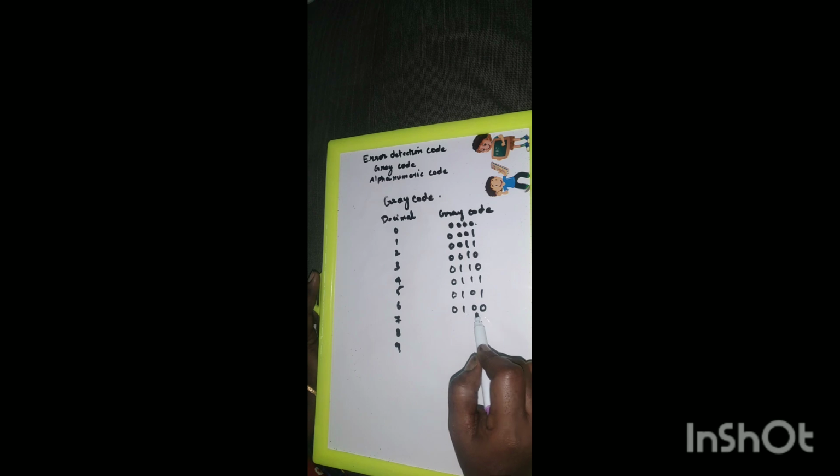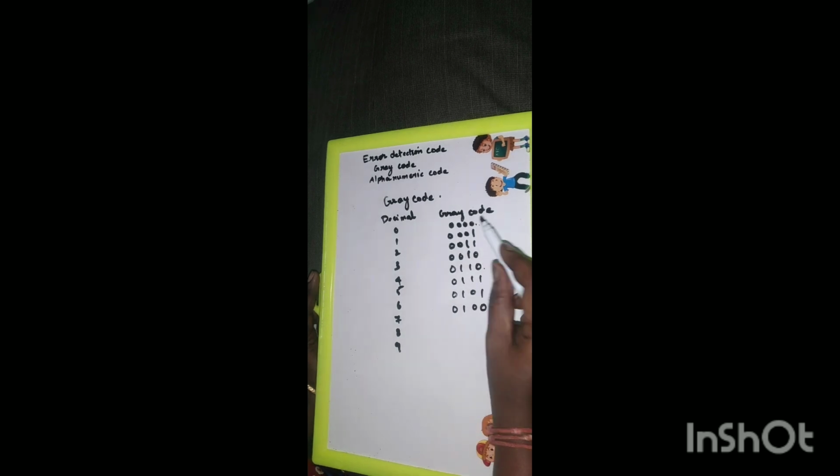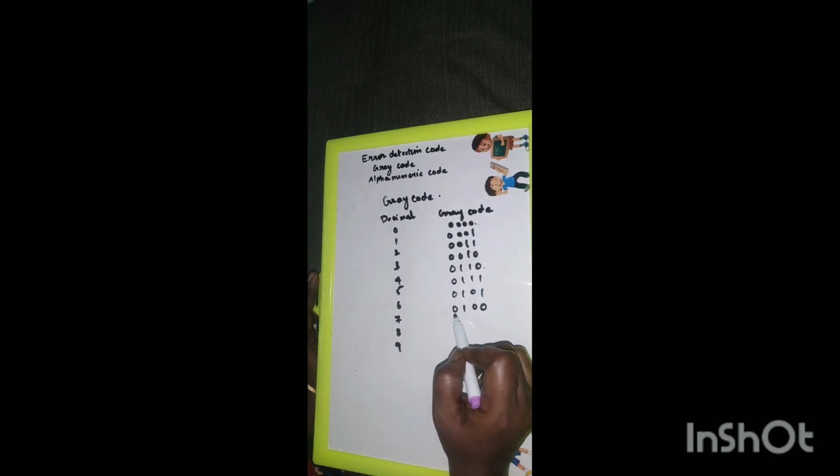We take this 0 as 1: 0 1 1 0. It is also already there. So we shift to the next position. If we change this 1 to 0, it is also already there. So we should shift to the next position, the most significant bit. If we change the 0 to 1, it becomes 1 1 0 0.